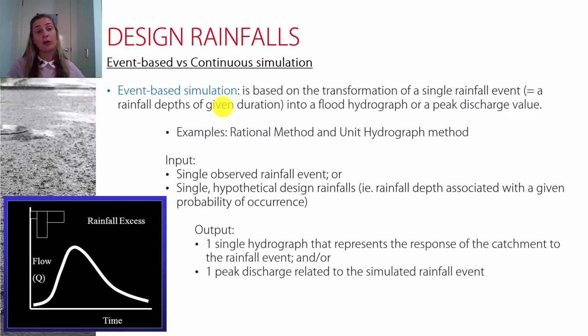And the output of event-based methods is one single hydrograph representing the response of the catchment to that particular rainfall event. Or the peak discharge related to the simulated rainfall event, which is the case of the rational method. Okay.